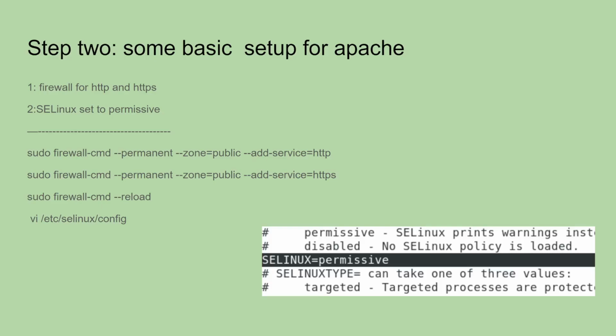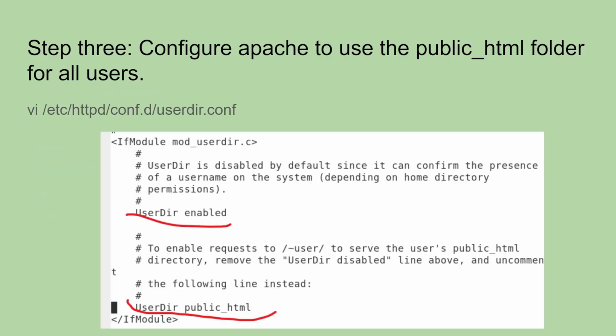This is step 2. Step 3 is configure Apache to use the public home folder for our user. So this is Apache server's function. We should edit this config file and make sure userdir is enabled.